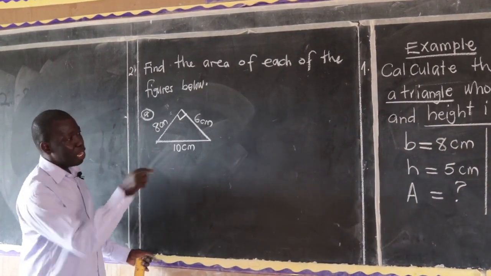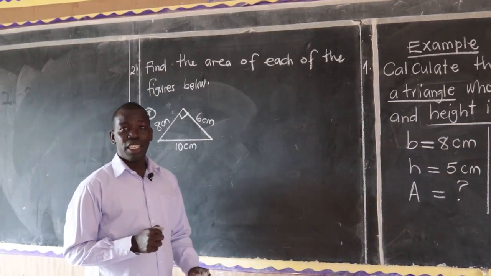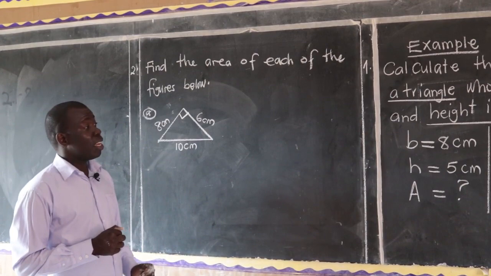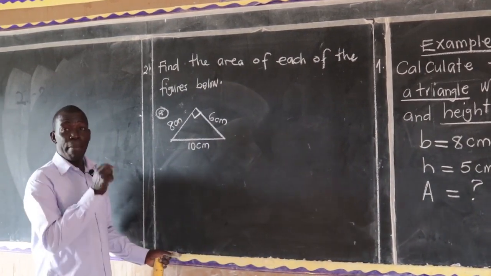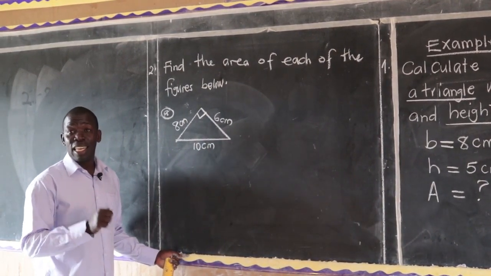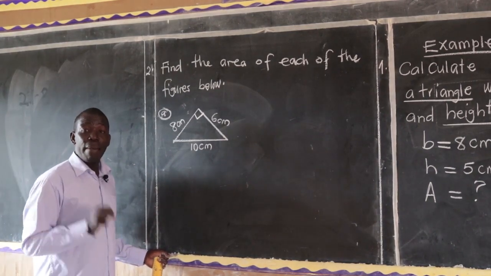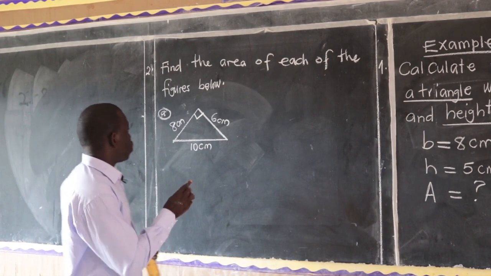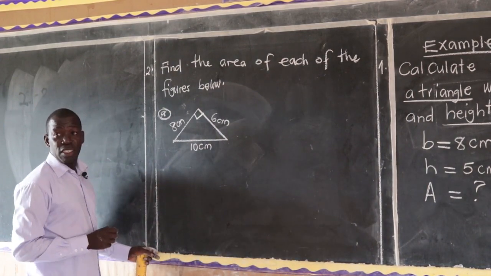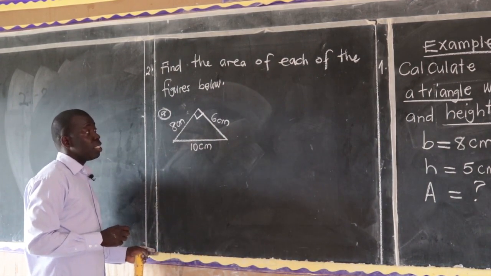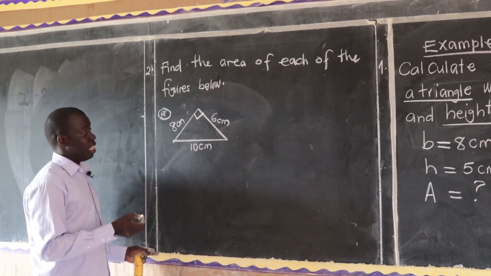So the first thing you do, like we did in the first example, is identify the base, identify the height. So remember they meet at a right angle. So here, what is the base? Is the base 8? Is it 6 or 10?